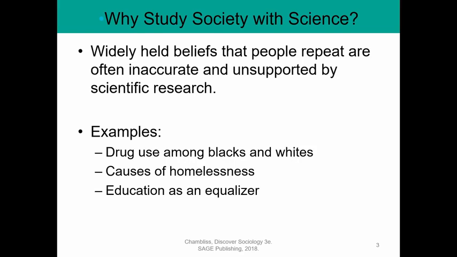So examples of these are conceptions of drug use among African Americans versus white people. There's a perception that African Americans and the African American community have greater problems with drugs and addiction than the white community or anyone else in the United States.